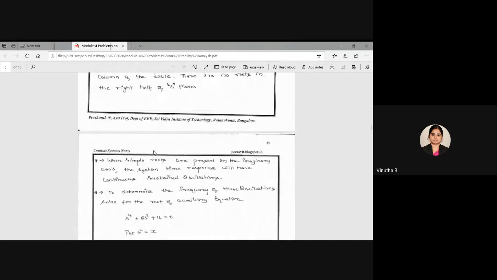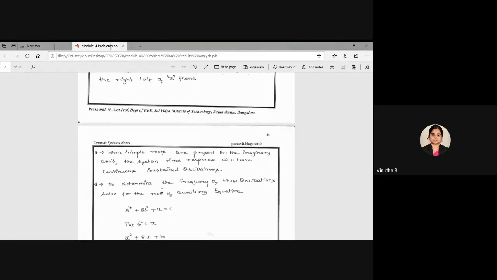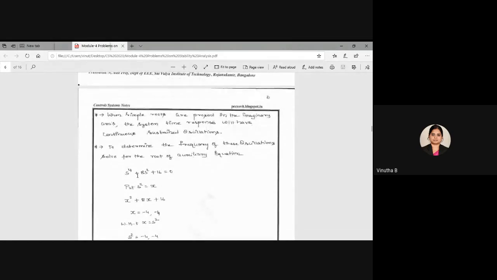As I told you, whenever we encounter a route table with one single row of all zeros, then we have to write like this. When simple roots are present on the imaginary axis, the system time response will have continuous sustained oscillations. So to determine the frequency of these oscillations, solve for the root of the auxiliary equation.